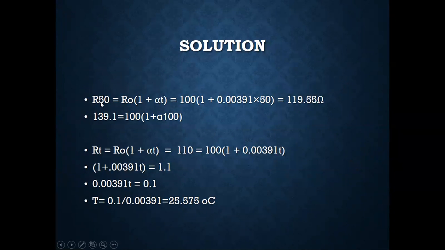R50 is equal to R0 into 1 plus alpha T. R0 means the resistance at 0 degree. Here we are using platinum, therefore the resistance is 100 ohm at 0 degree centigrade. 1 plus, this is alpha of platinum, 0.00391.